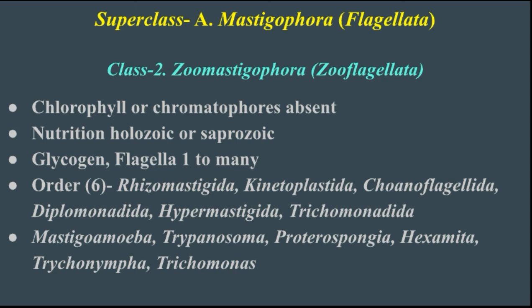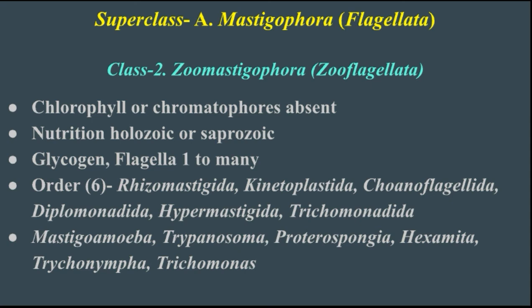Another point is flagella, one to many. These protozoans, the Zoomastigophora, contain one to many flagella. Again one more point discussed here is that the Zoomastigophora is also divided into 6 orders, similarly to the Phytomastigophora.